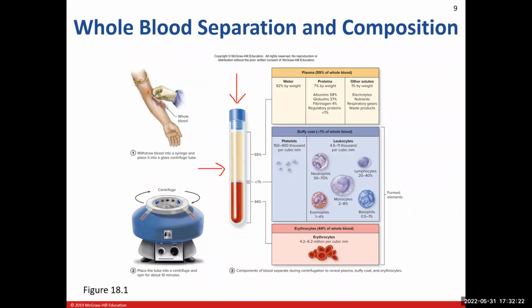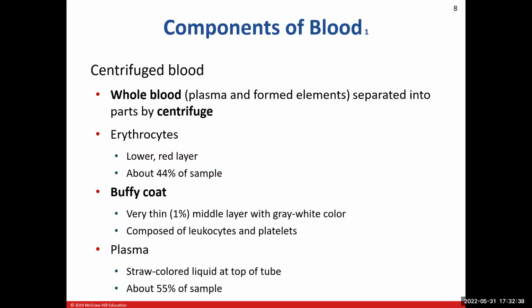So we'll see on top this light coating, and then we'll see this big red coating on the bottom. And then in between these two layers, we'll have this small, tiny layer we call the buffy coat. And so I'm going to talk to you folks about what is in these components here.